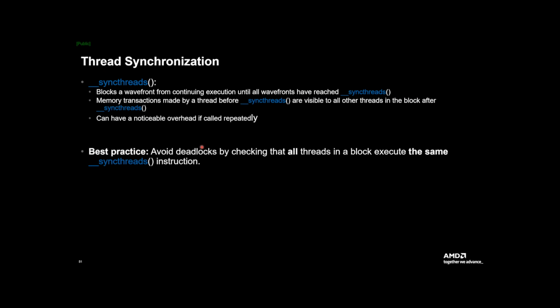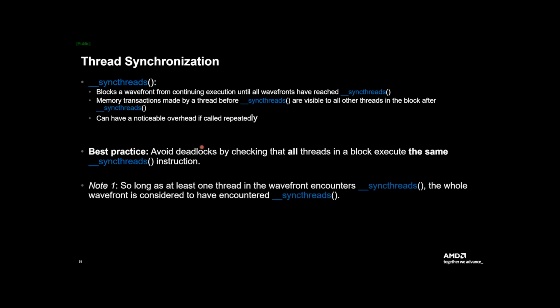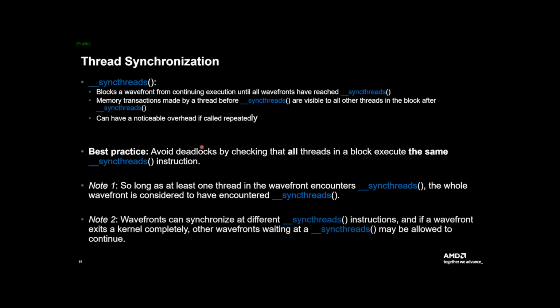Best practice: avoid deadlocks by checking that all threads in a block execute the same syncthreads instruction. And what we mean by this is that so long as at least one thread in the wavefront encounters syncthreads, the whole wavefront is considered to have encountered syncthreads, okay? If one thread of the wavefront, there are 64, then all of it is assumed.